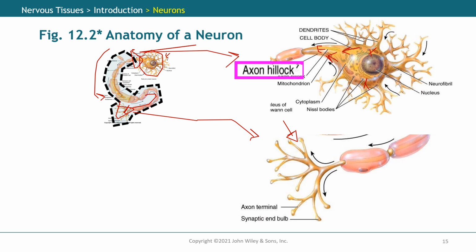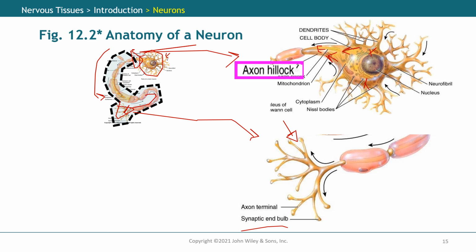And at the bottom of each one of the axon terminals, you will find these synaptic bulbs, and those are the locations where you find the neurotransmitters. So the action potential is going to have different effects, and we will talk more about them later. One of them, for example, is the release of neurotransmitters.